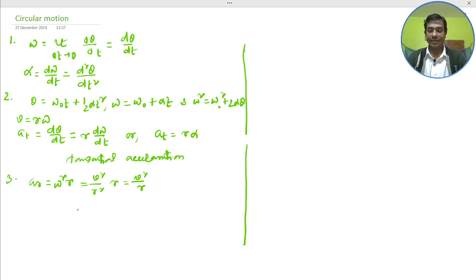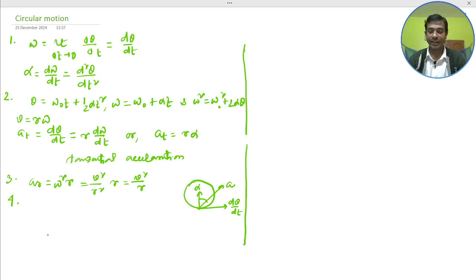Non-uniform circular motion. For non-uniform circular motion, I just draw a figure. This shows the radial component, the dvdt tangential acceleration, and the resultant A, with angle alpha.